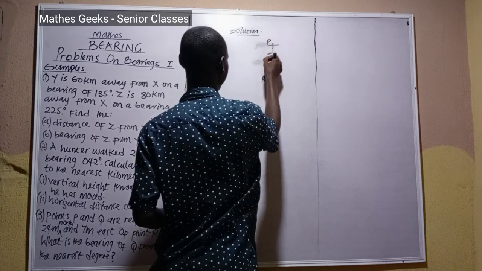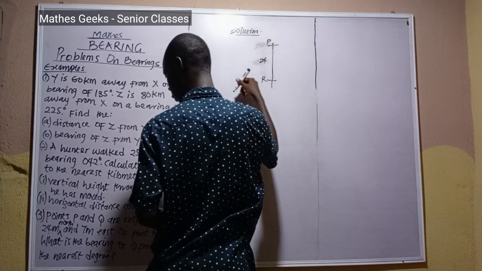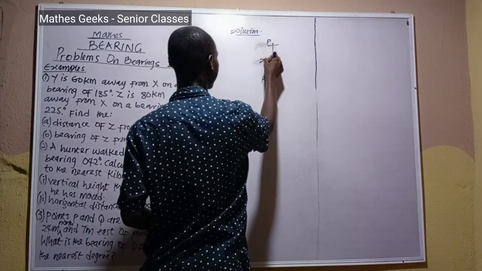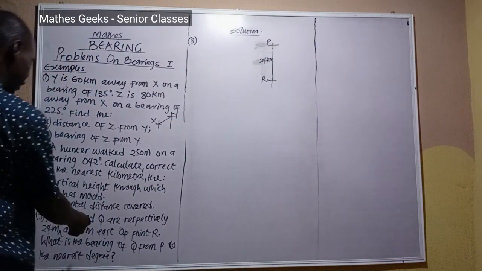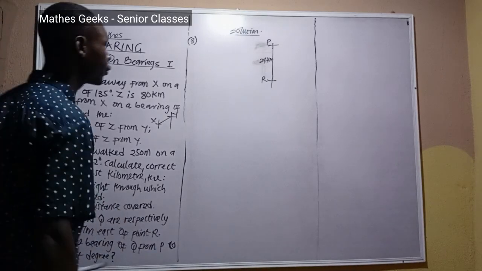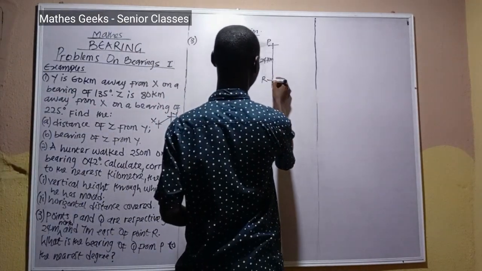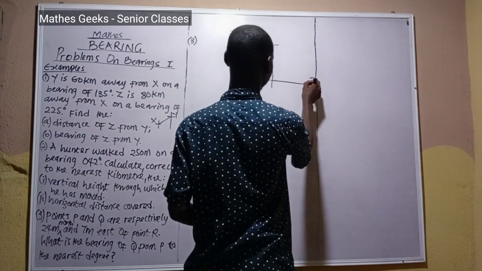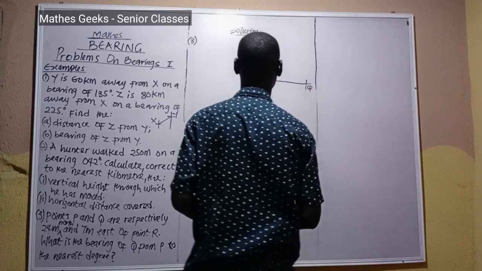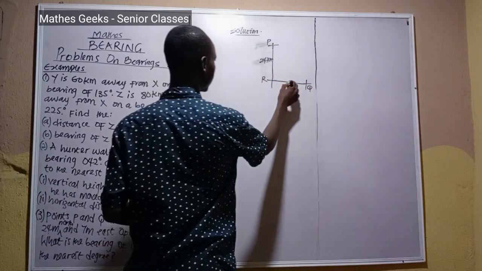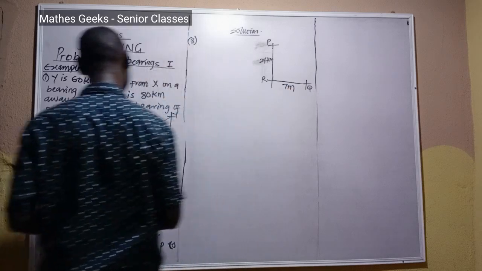So this will give us point P. Okay, so it says and 7 meters east of point R. So 7 meters east of point R, we come this way, east of R, and this will give us point Q. And this is 7 meters.